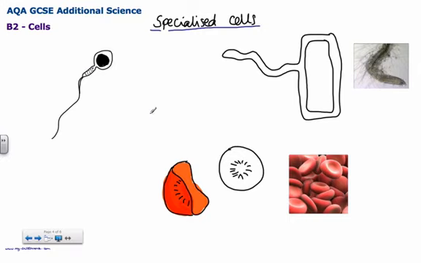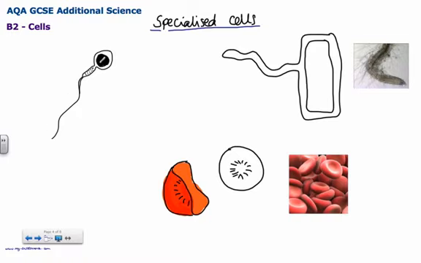No cell sits around the body and says, well, I'll just do general things, I'll help out here and there. No, every single cell has a special job, and therefore it has a special structure, and you need to be able to explain what that job is and explain the link between the structure and the job.